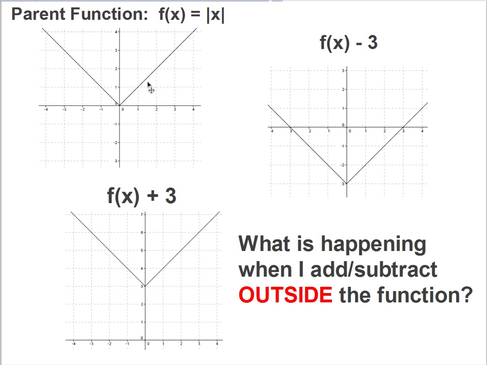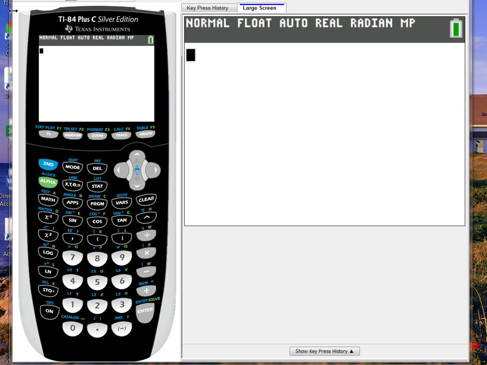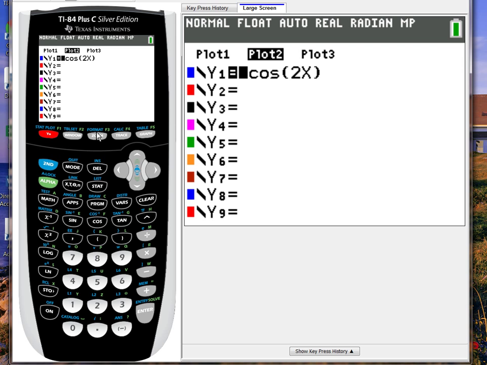Notice that on the right-hand side of the graph we have a slope of 1, and on the left-hand side of the graph we have a slope of negative 1. So it basically just goes from corner to corner on your grid. That'll be important later, and it will help you graph your transformations better. Okay, so I'm going to take you to a graphing calculator, and we're going to put in the function absolute value of x.